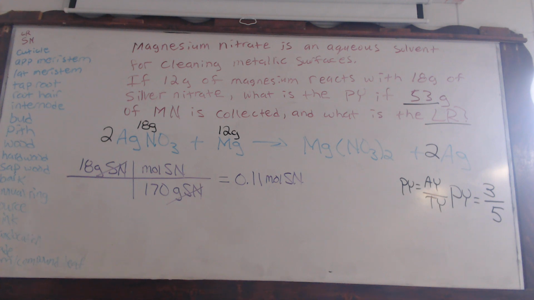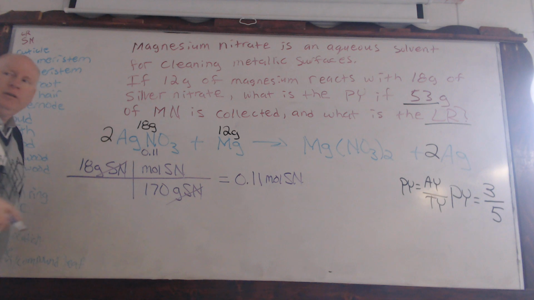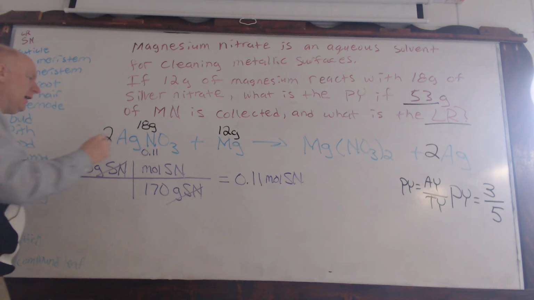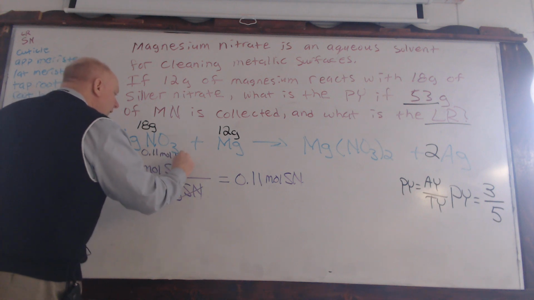What would that be? Not yet. Oh, you can put that up here. That's how much we actually what? That's how much you actually have. Okay? So this is what you have.